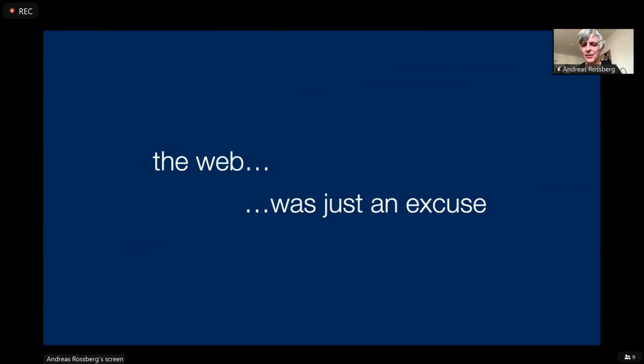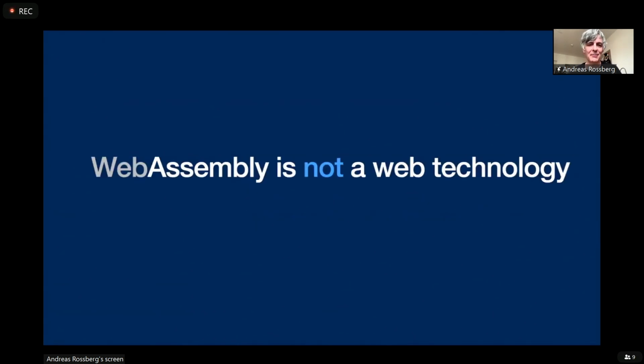So it's important on the web, but to be honest with you, for those of us that created WebAssembly, the web was really just an excuse. We were not all that interested in the web specifically. What we really wanted to build was a universal platform, a universal code format or virtual machine. That was not something we could sell to management at the time, thus the name WebAssembly, but that was what we secretly had in mind.